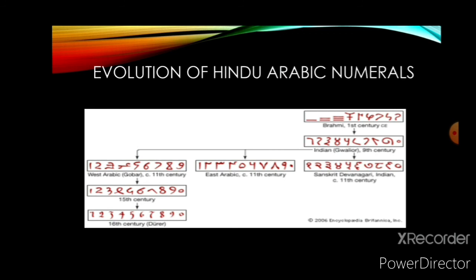As you can see in the figure, Brahmi was the first decimal number system to be developed, and then it got converted and spread around the world, and finally we got the Hindu-Arabic numerals in the form they are now, and the standard number system was developed.